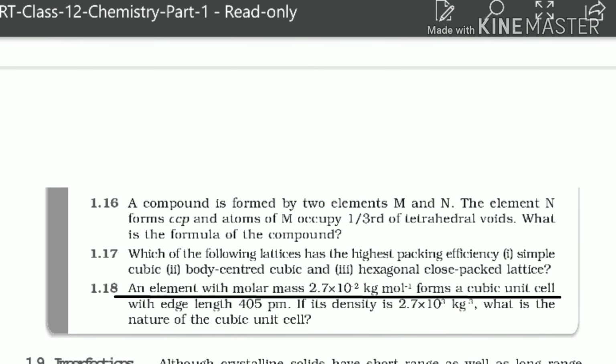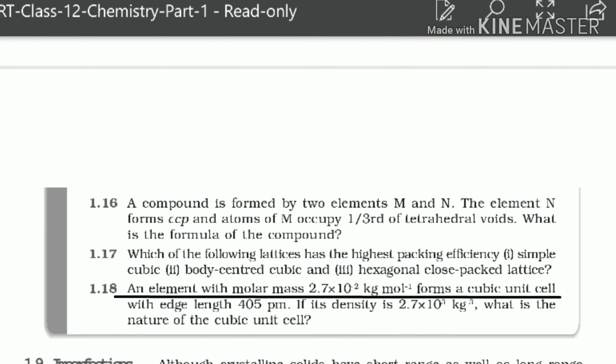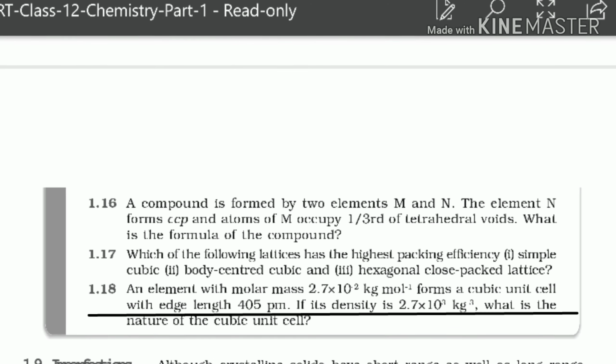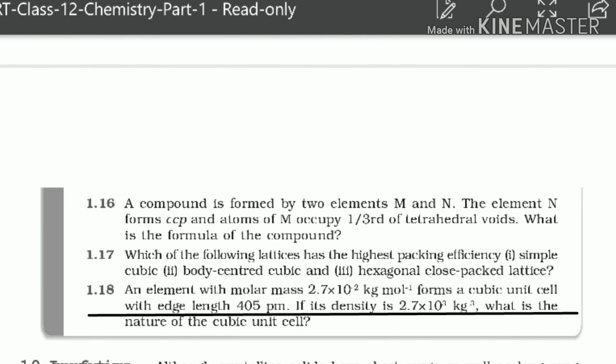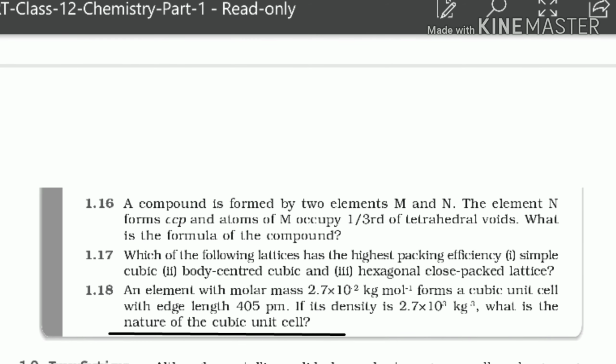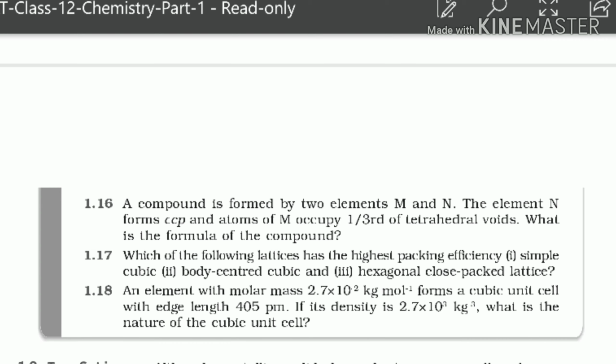An element with molar mass 2.7 into 10 raised to the power minus 2 kg per mole forms a cubic unit cell with edge length 405 picometer. If its density is 2.7 into 10 raised to the power 3 kg per meter cube, what is the nature of the cubic unit cell? It seems to be a tough question, but actually it is an easy one.